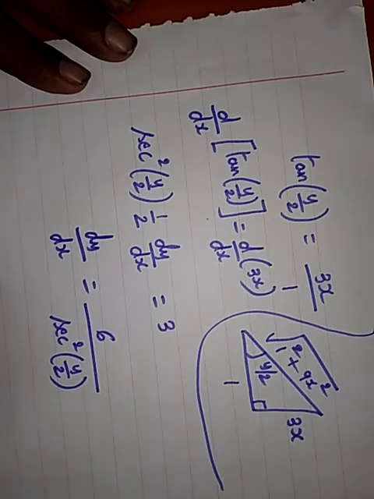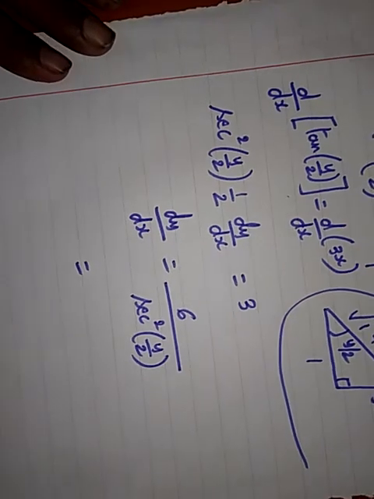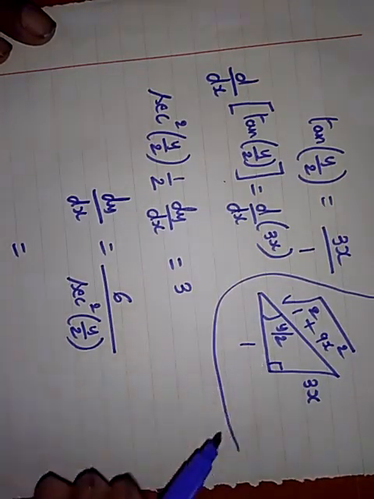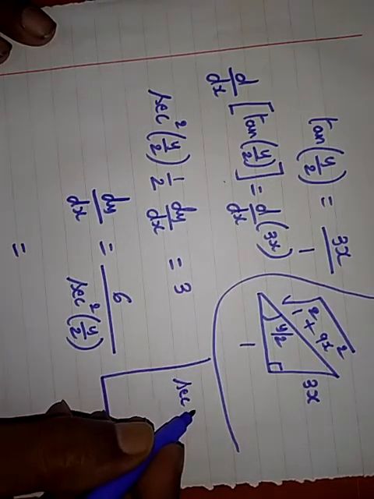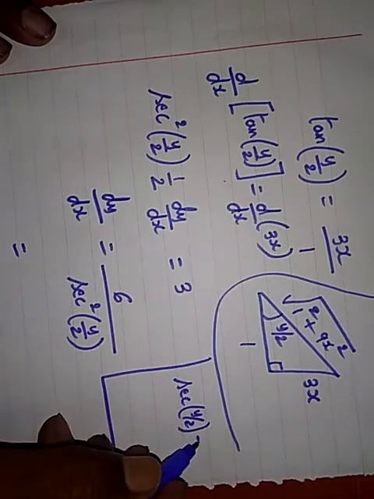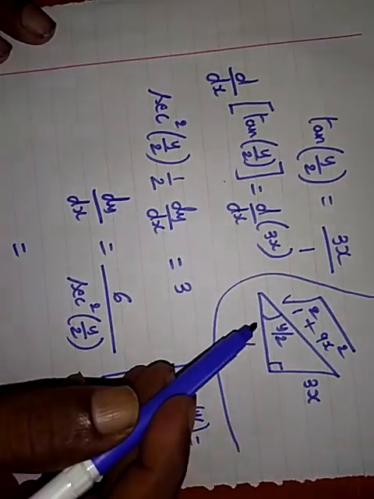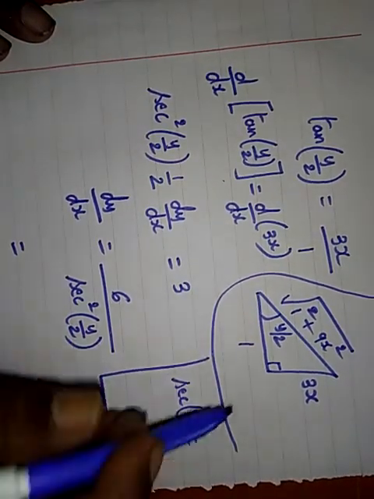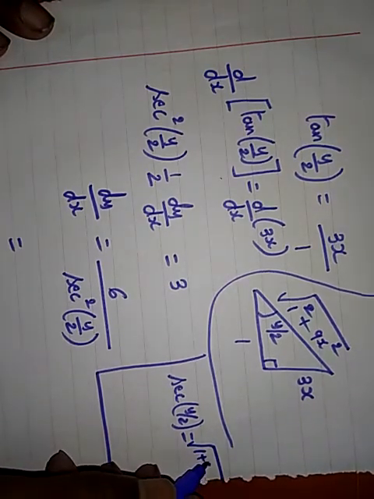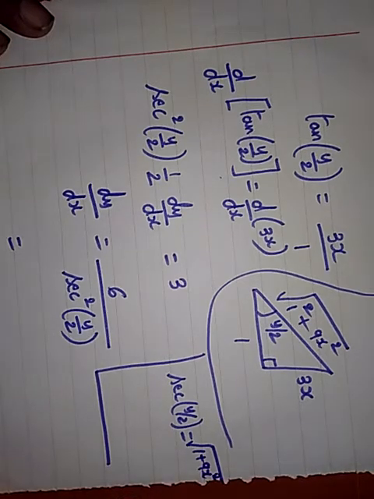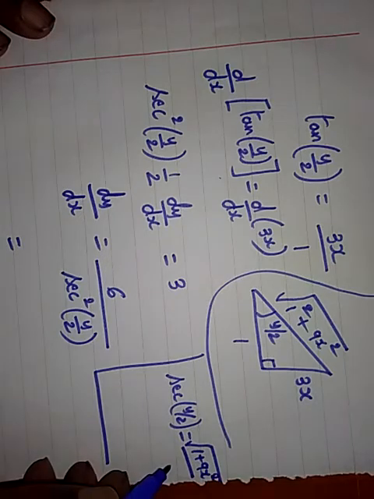Okay, now secant squared y by 2 from this relation. So from the diagram above, secant y by 2, you all know that cos is adjacent side by hypotenuse, whereas for secant it is hypotenuse, root of 1 plus 9x squared, divided by adjacent side, which is 1.